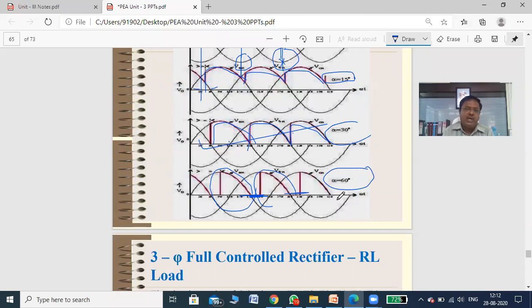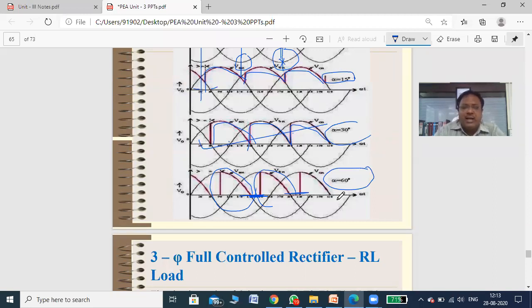Keep in mind, if the output voltage is discontinuous and you are using a resistive load, then definitely the output delivered to the load may be 0. If you're connecting a simple resistive load like a lamp, and alpha is greater than 30, then definitely your lamp may turn off, because a lamp is a resistive load.